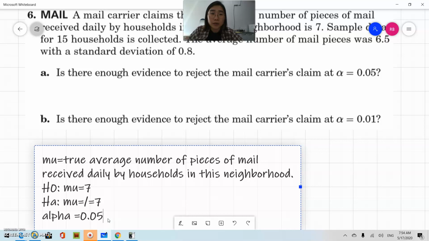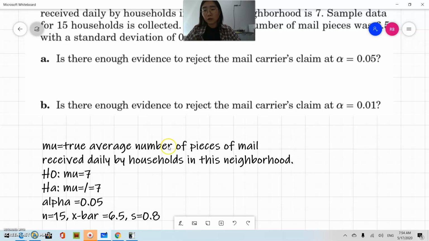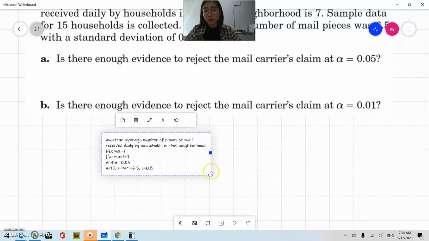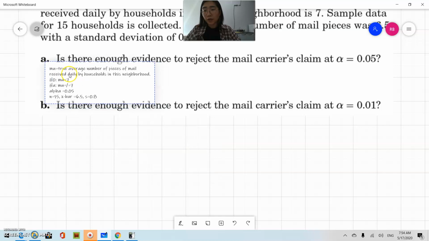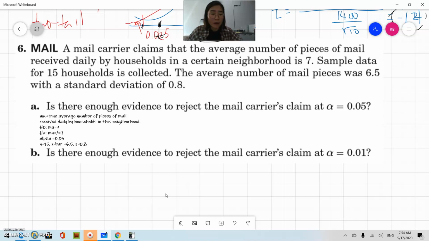Some other important information is that n, the sample size is 15, the average, so x bar is 6.5, and the standard deviation is 0.8. Okay, so these are all from the question, and these are all the information that I need in order to solve this question. So usually I write it on the side so that it's easy to see.